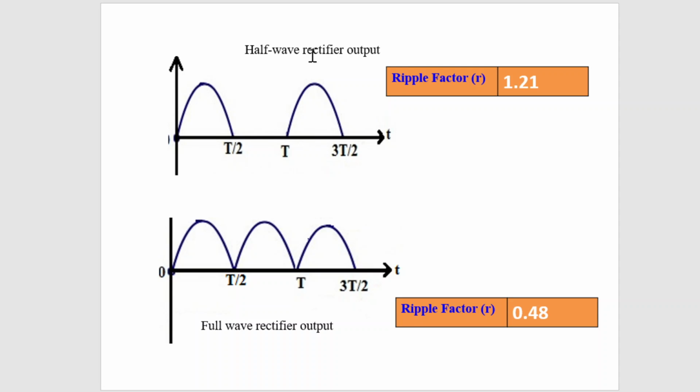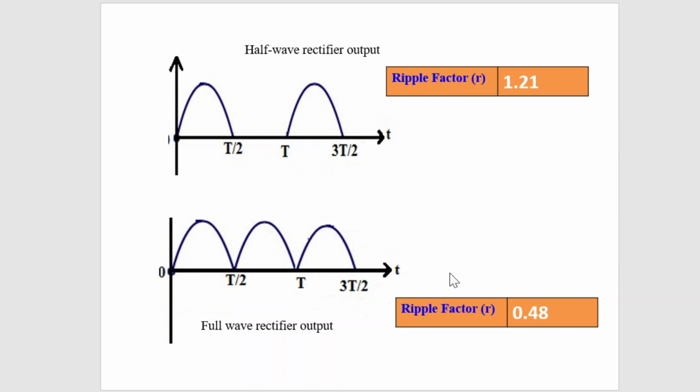That is why this is known as half wave and this as full wave. The output of a full wave rectifier is again unidirectional, but the magnitude is changing: 0 to maximum, maximum to 0, repeatedly. And the ripple factor of the full wave rectifier is 0.48.